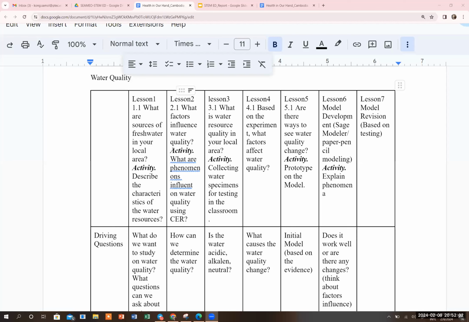We just have very few lessons that talk about water in general. By general I mean water in nature, and then specifically water streams and water bodies in Cambodia, but we don't go deep into water quality, water treatment, and water management in lower secondary schools.